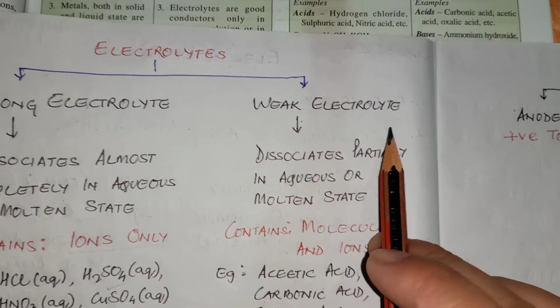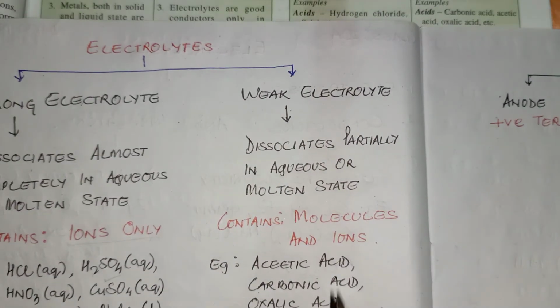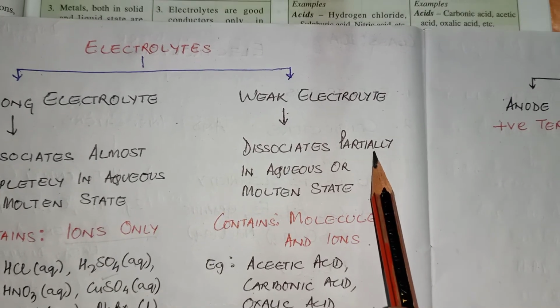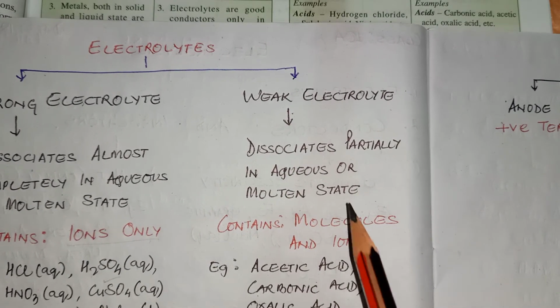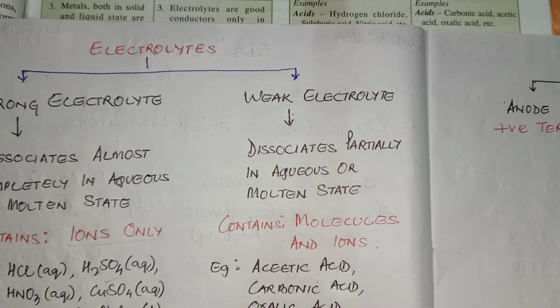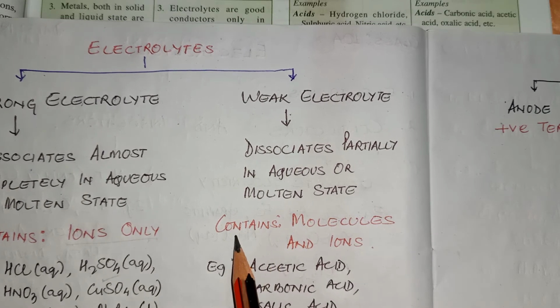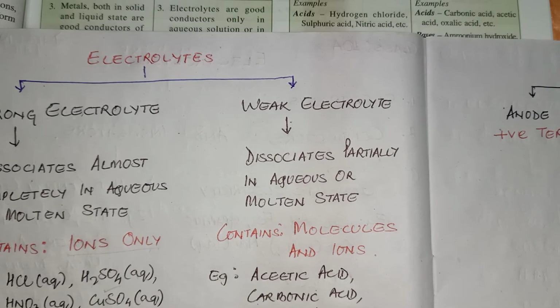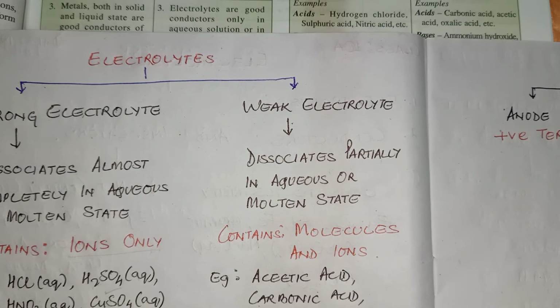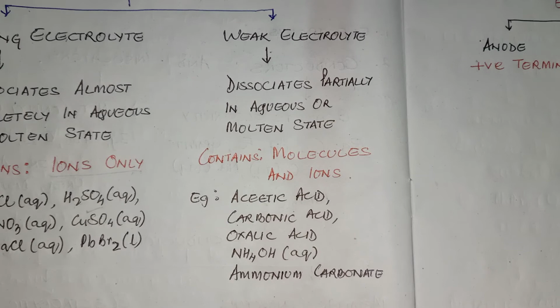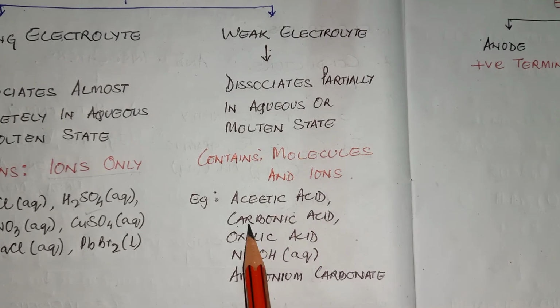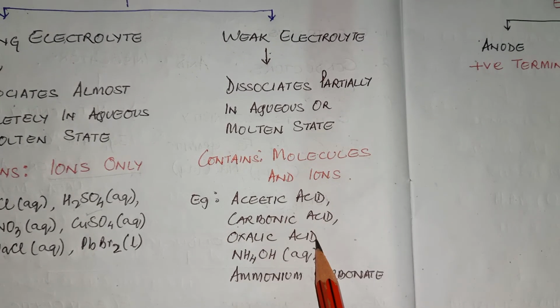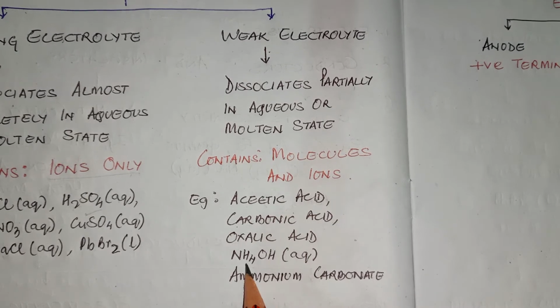Whereas weak electrolytes are those electrolytes which dissociate partially in aqueous or molten state. Since all the molecules do not separate into their ions, their solution contains both molecules and ions. So a weak electrolyte has both molecules and ions. For example, acetic acid, carbonic acid, oxalic acid, aqueous ammonium hydroxide.